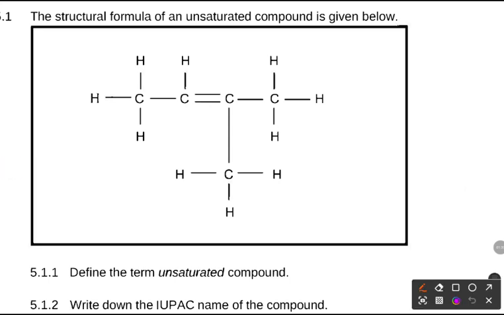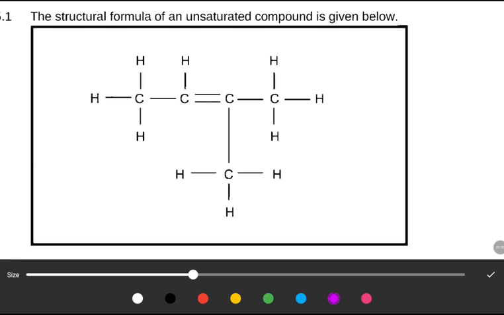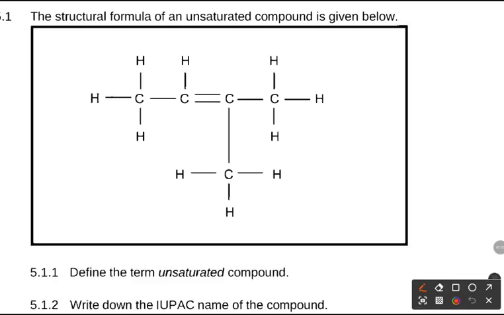Looking at this structure, let me choose a different color. Someone can say, okay, I choose to go with this, but it won't be necessary because you have 1, 2, 3, 4 carbons. So why not just go with the straight one and have 1, 2, 3, 4?